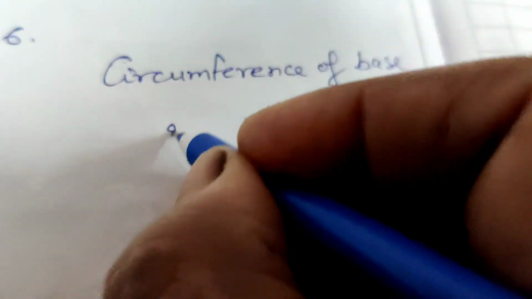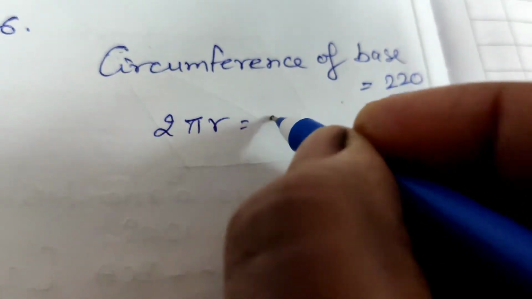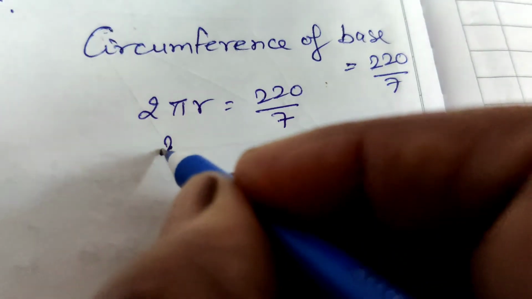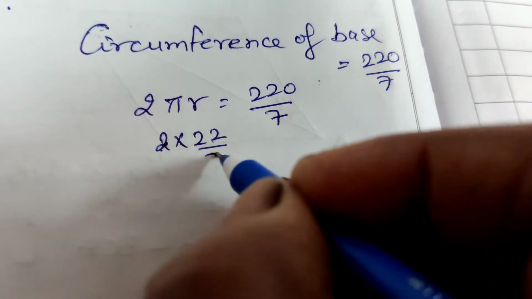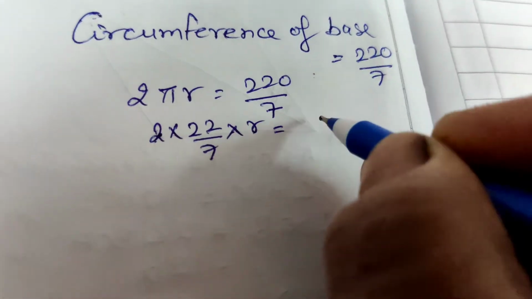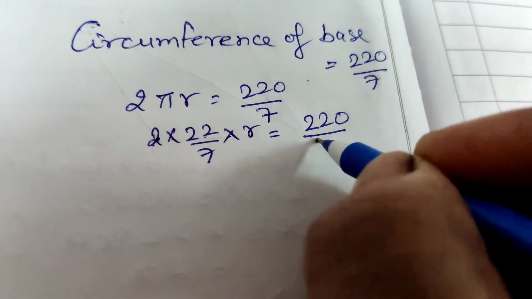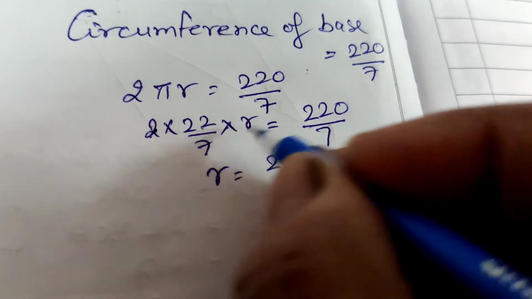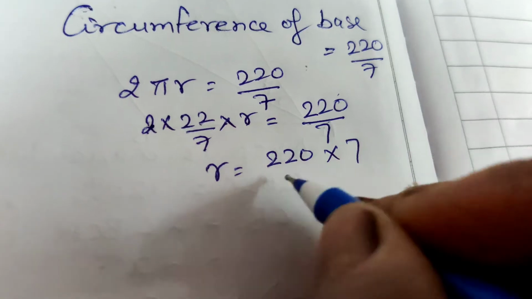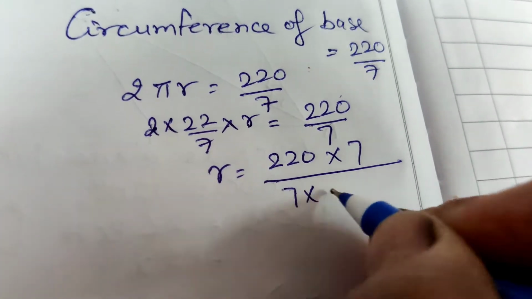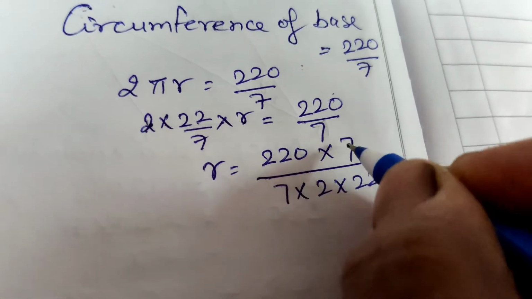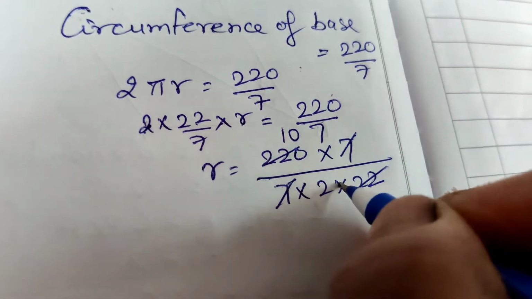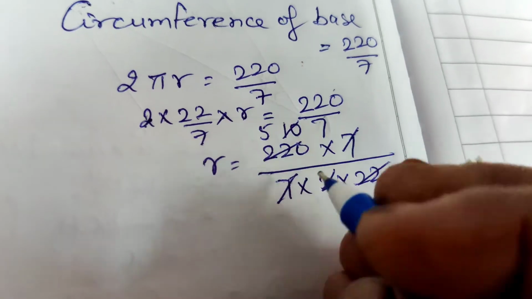It means 2 pi r equal to 220 by 7. Now put the values 2 into 22 by 7 into r equal to 220 by 7. Cross multiply 220 into 7 and the 7 into 2 into 22. Now cancel. This will equal to the 10 times and by 2, 5.